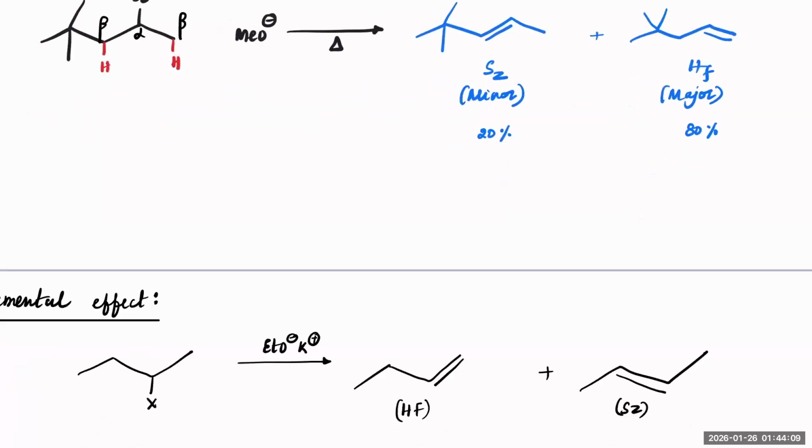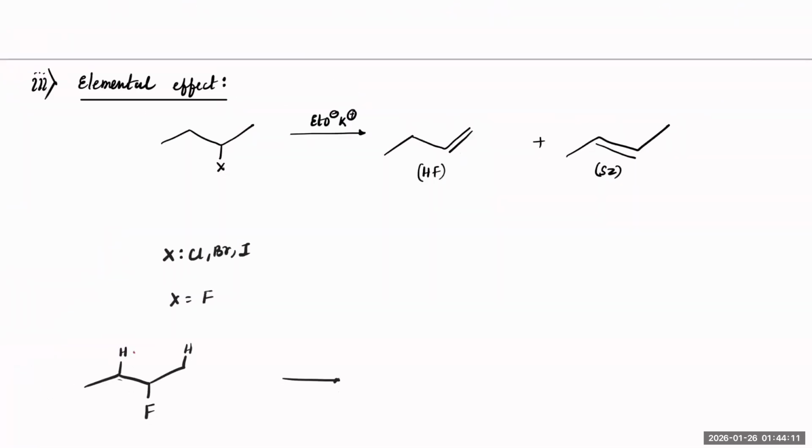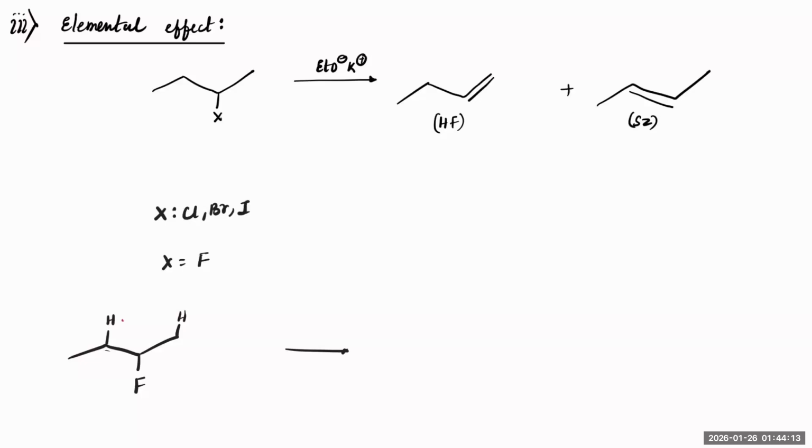Next. The third case where Hoffman is major is an elemental effect formation. For example, if I have a halogen here, and this is the alpha position, so you can notice this is beta and this is beta. So two different types of beta give you two products. This is Saytzeff, this is Hoffman.